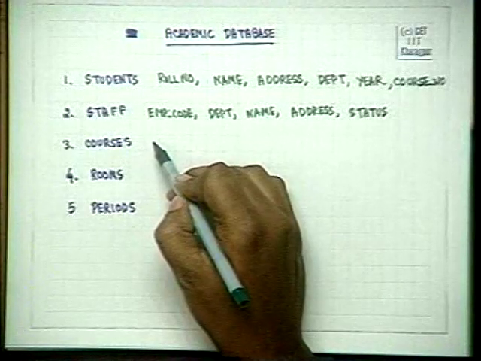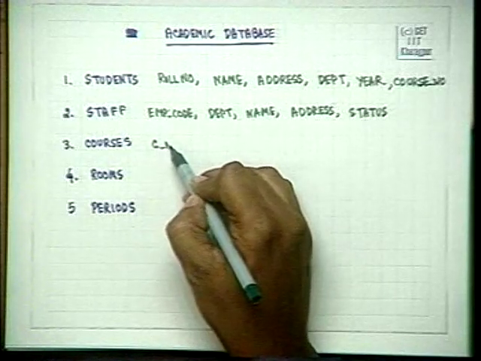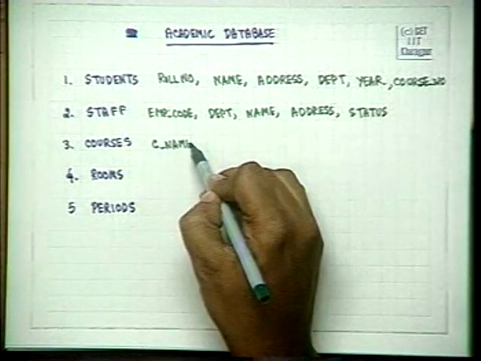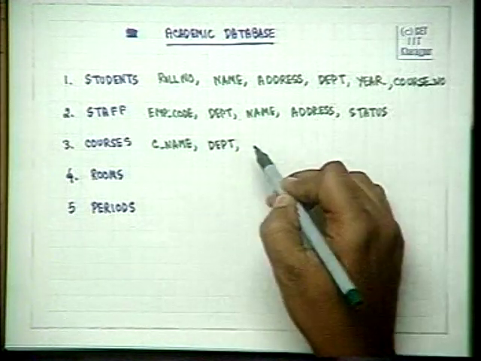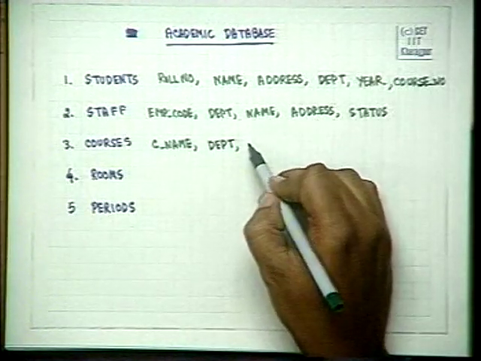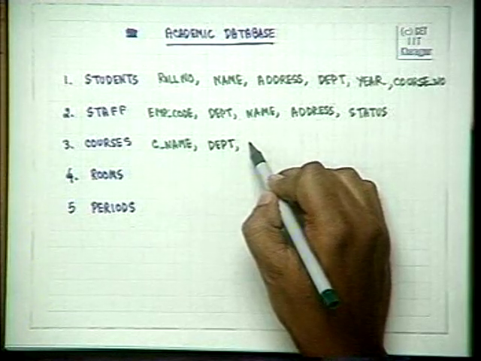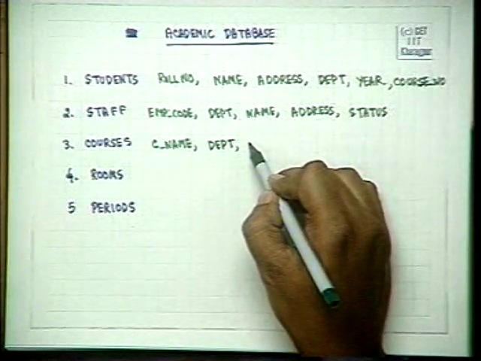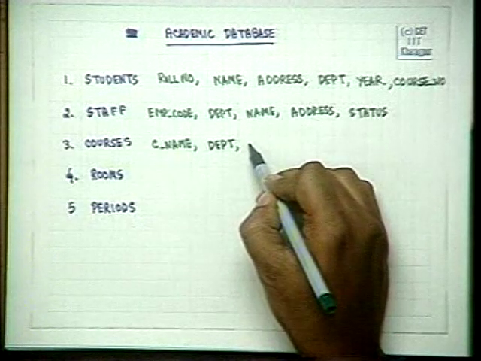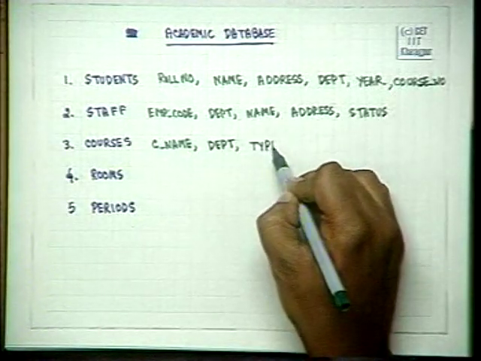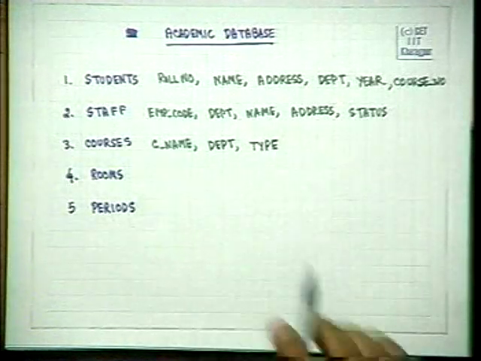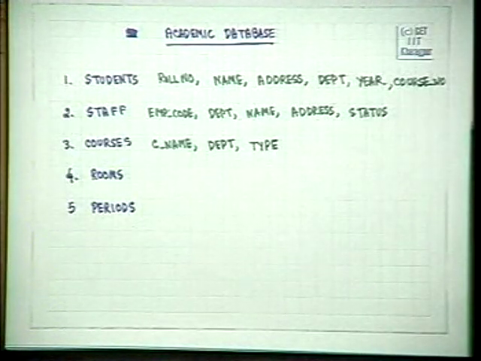So this will be the course name, department, and structure of the courses. Let us say name, department, type. Type is it is BTech course or MTech course. And let us put in another entity called subjects.